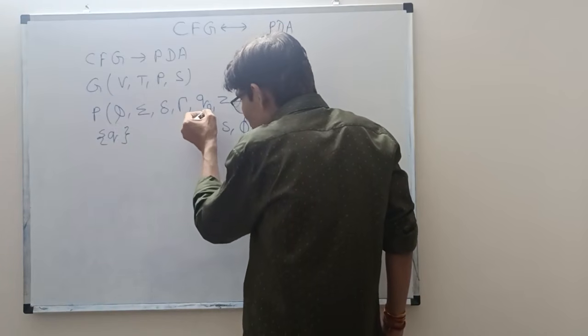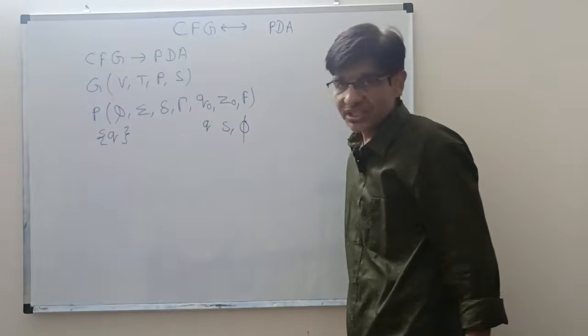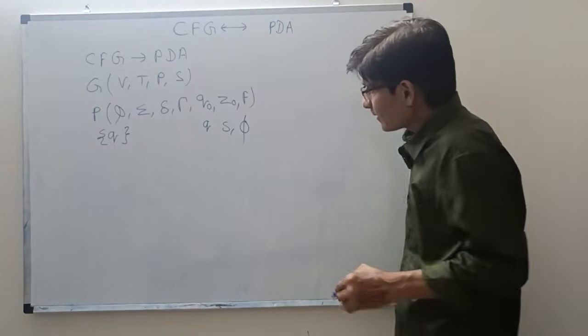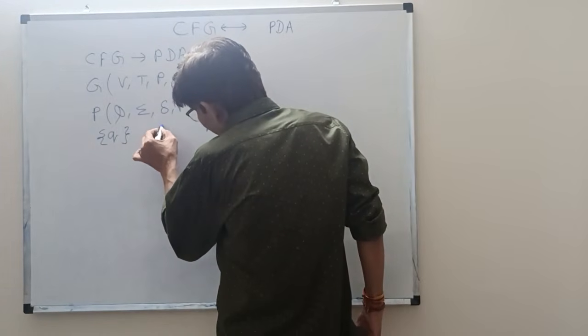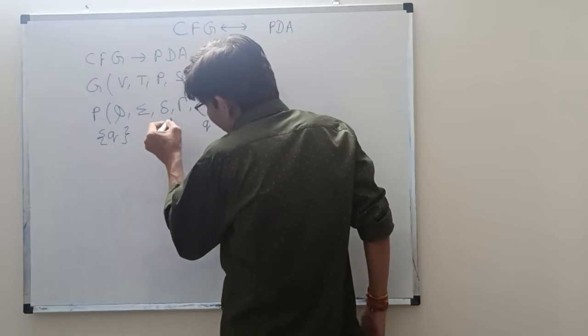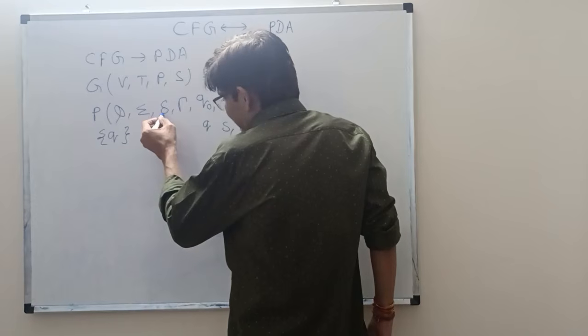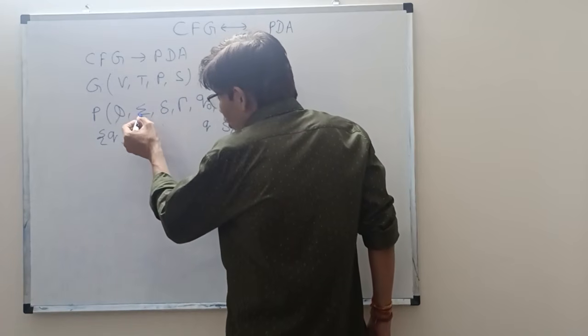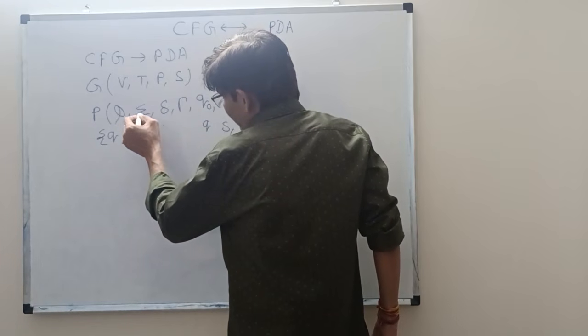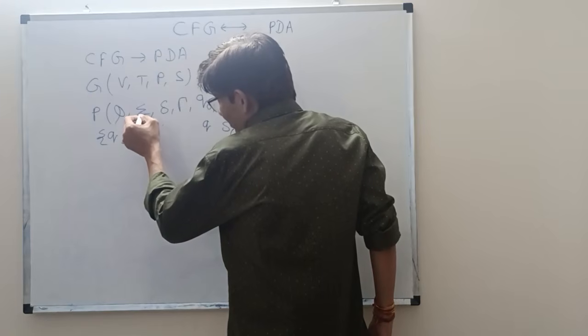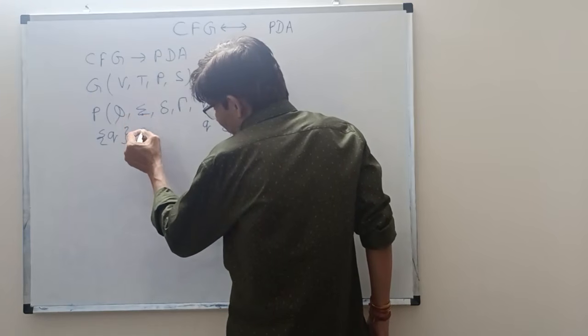So in this case, Q0 would be Q. Now for delta, we will create transitions, so I will discuss it later. Now all the terminals of the grammar would be converted into input symbols.